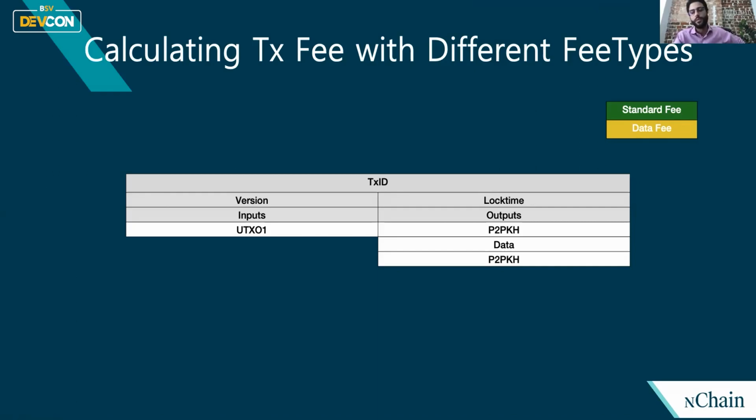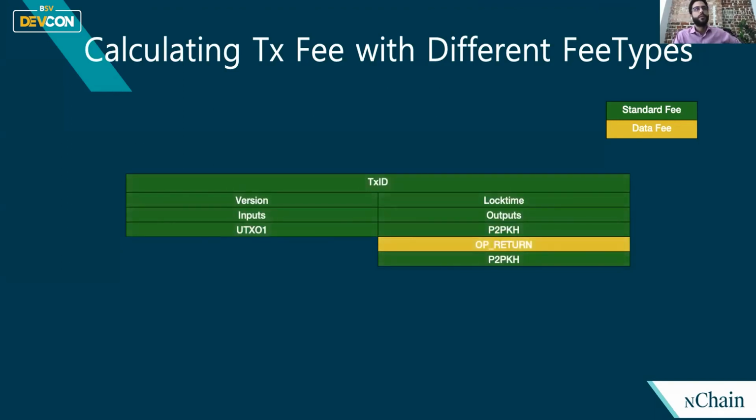That data can be pruned by miners, and it doesn't have to be validated by miners in the Bitcoin script. So they can choose to offer lower fees for that, and at the moment, some miners are doing that. So you can have, for example, a standard fee of 0.5, and then another fee which is much less for data fee.